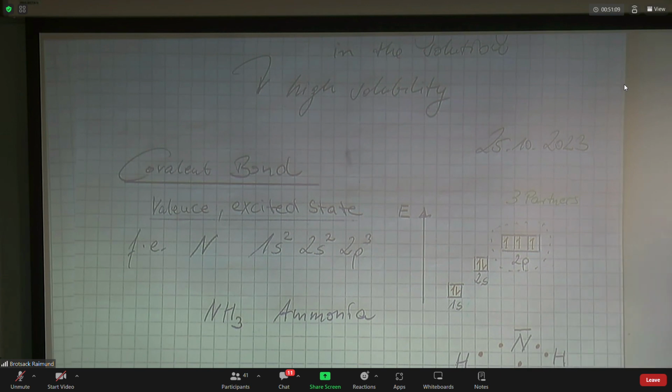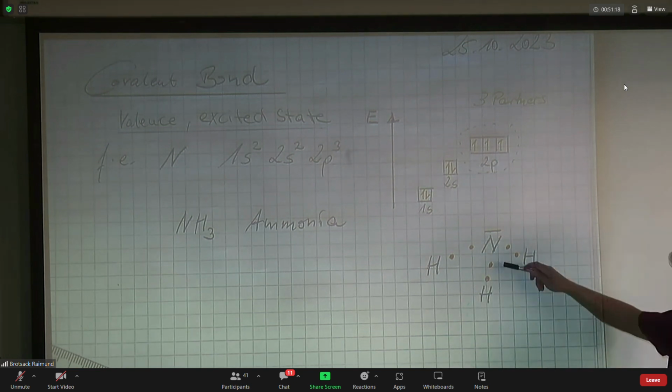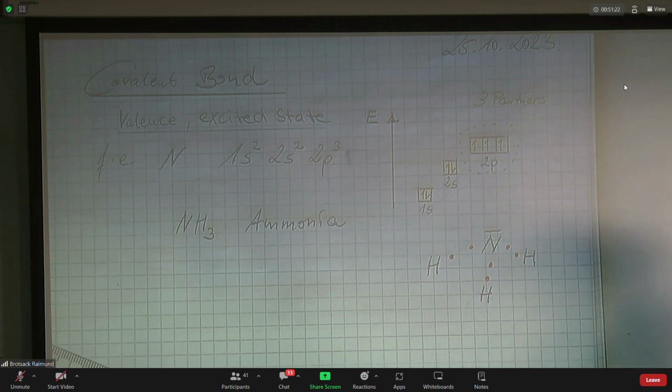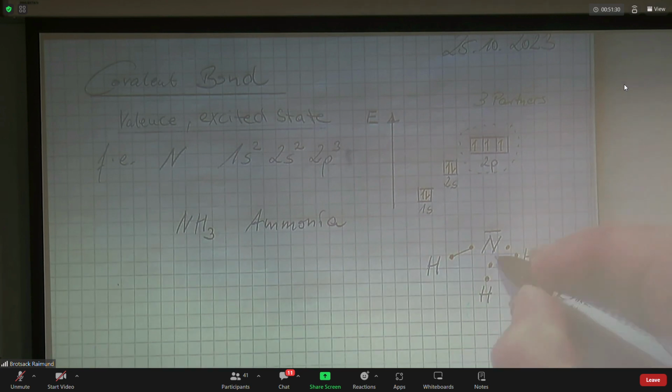And now we see we have the chance to create a chemical bond between those elements. This is now symbolized as a line. Later on, we just will draw the line, not the dots. So we have a chemical bond to 3 partners.